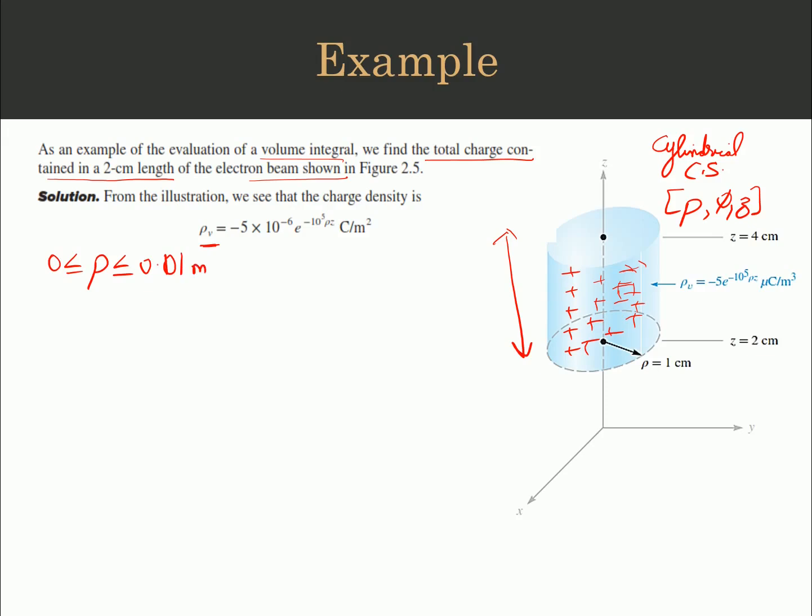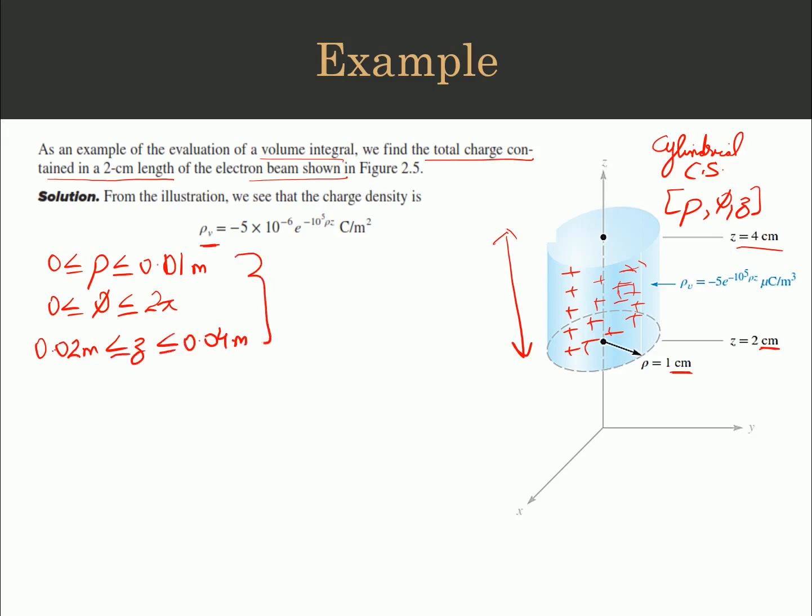I am changing centimeters into meters because our main equation, the coefficient k, comes out in meters. Then the value of phi is not given, so we take the universal range of the azimuthal angle from 0 to 2 pi, and z is from 2 to 4 centimeters, so in meters it is from 0.02 meter to 0.04 meter.